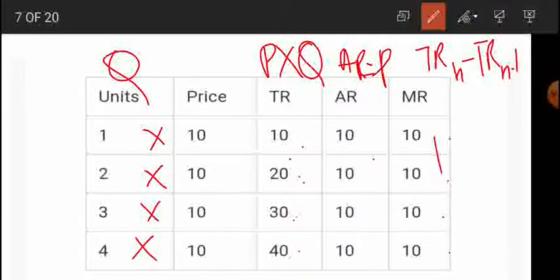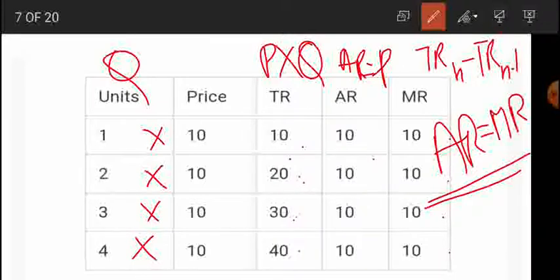So, पहला relation हमारा क्या निकला? AR is equal to MR. और दूसरी हम बात क्या कर रहे हैं, दोनों कांस्टेंट हैं. इसका मतलब जब हम इनका डायग्राम बनाएंगे तो AR और MR कैसा आएगा, AR and MR curve will be identical and will be horizontally parallel to x-axis, क्योंकि वैल्यूज़ सेम आ रही हैं. और हम TR के बारे में बात करें, टोटल रेवेन्यू इज इंक्रीजिंग विद द इंक्रीज इन आउटपुट बट इंक्रीजेज एट कांस्टेंट रेट, क्योंकि इसमें 10 का एडिशन हो रहा है. इसका मतलब बढ़ रहा है लेकिन कांस्टेंट रेट से बढ़ रहा है. सो लेट मी रिकॉल.